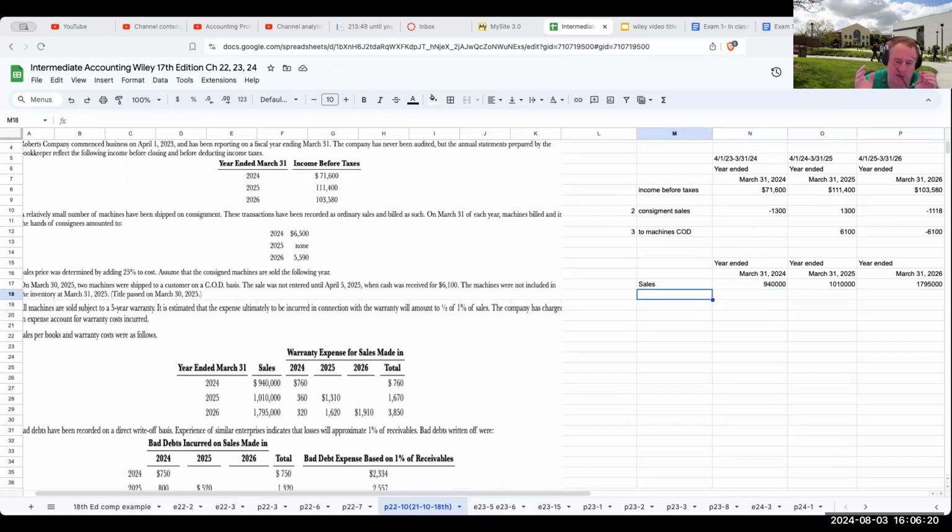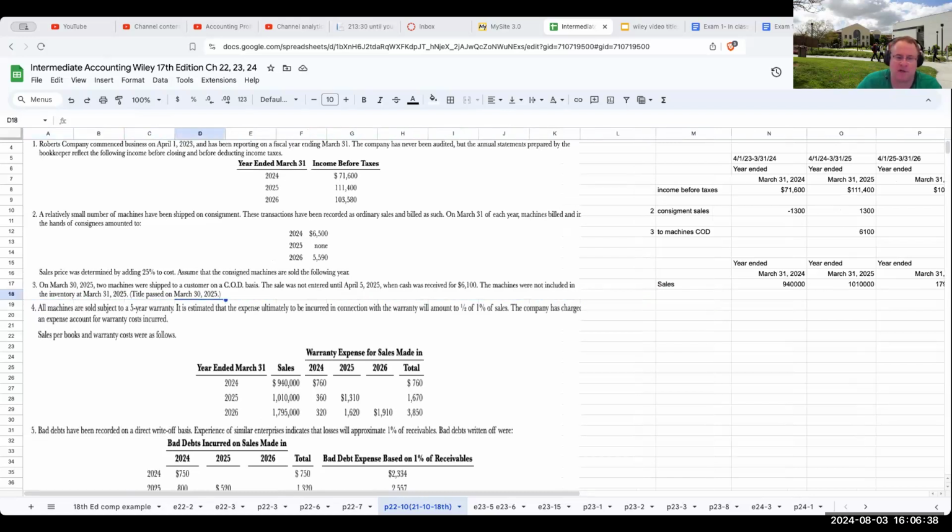And we've already had two mistakes listed out above. So the first thing we need to make an adjustment for is the consignment sales.